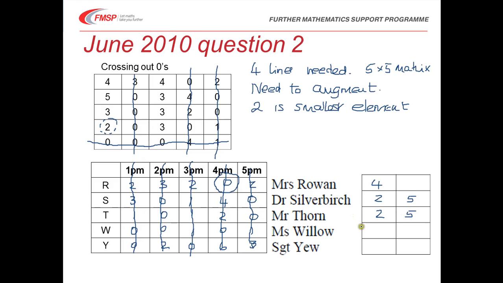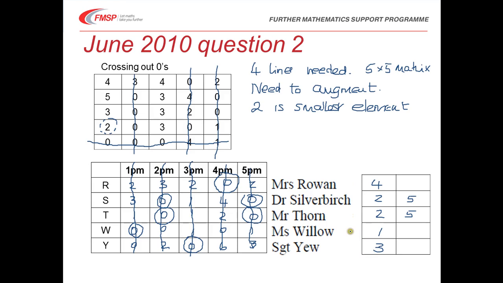So once we've actually done that, so we've got 2, 4 and 5 o'clock, then Miss Willow could be 1 o'clock or 4 o'clock, so we're going to have to put that in. I better circle these. Might be easier to see. So I think the only possible time for Miss Willow is 1 o'clock, and that means Sergeant U at 3 o'clock.